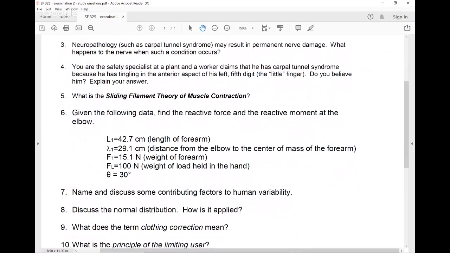So carpal tunnel syndrome happens when you have inflammation inside and around the sheath in your wrist. You have some nerves coming in, and the nerve we're interested in is the median nerve.